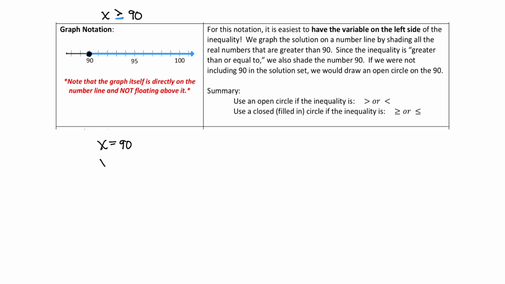Now, if I were going to graph x is greater than 90, that represents this whole part moving to the right, everything larger than that dot. Put them both together and you get that arrow with the dot at the end, which is that blue line, right?